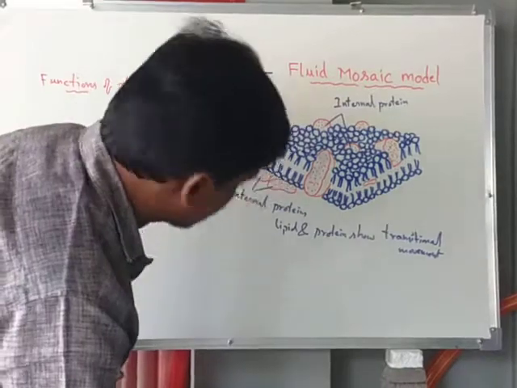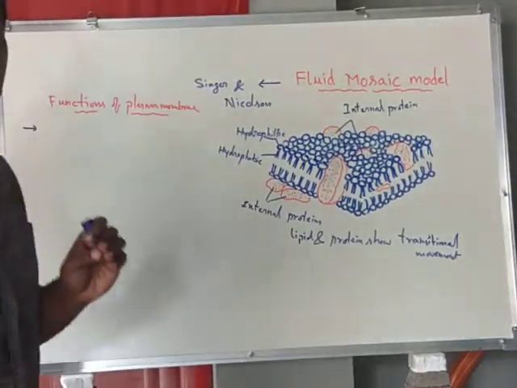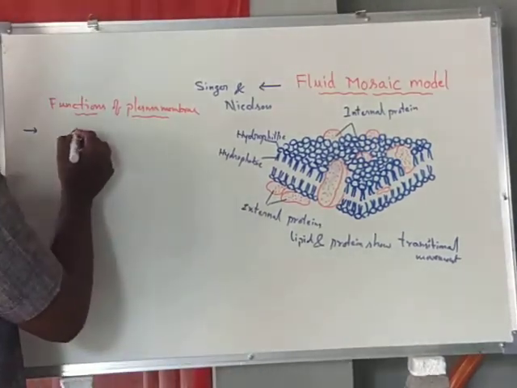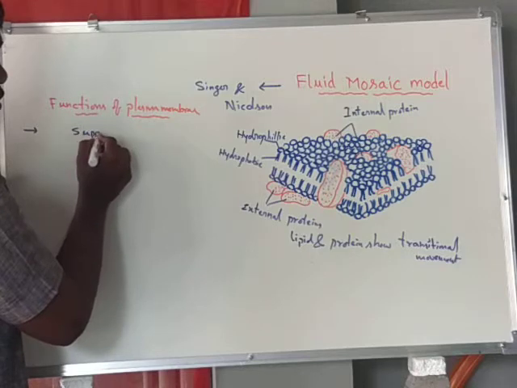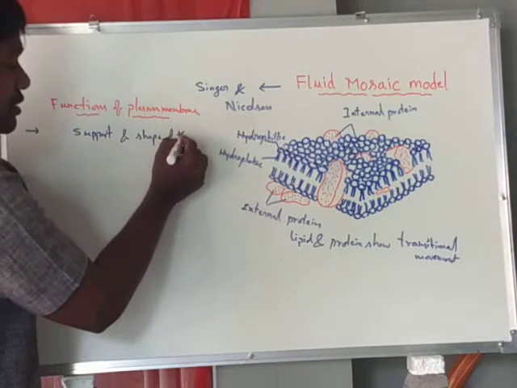The first function is that the plasma membrane gives support and shape to the cell.